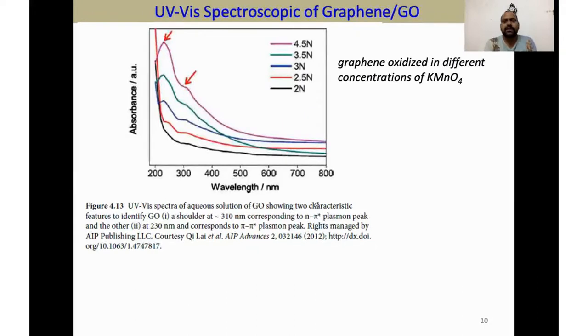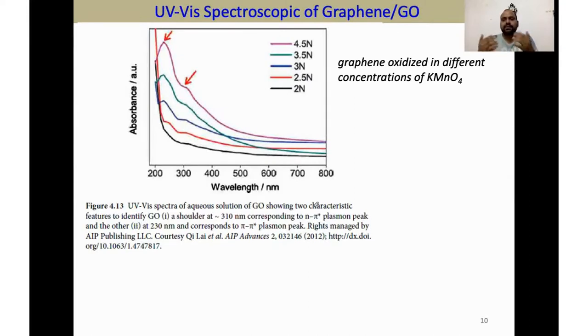What is happening here? Graphene was oxidized with different concentrations of KMnO4. The idea is that graphene was there, and now they have prepared the graphene oxide. Depending upon the number, or the intensity or amount, of oxygen functional groups, there will be a difference in the absorption peak.